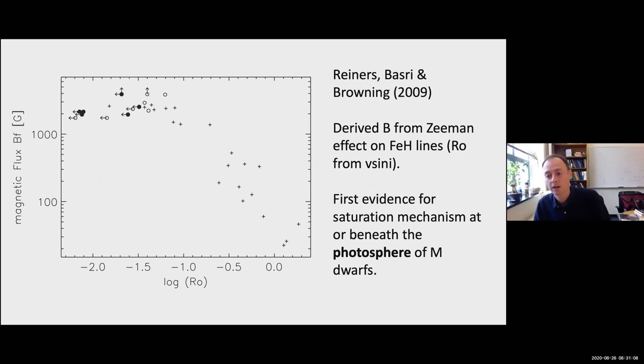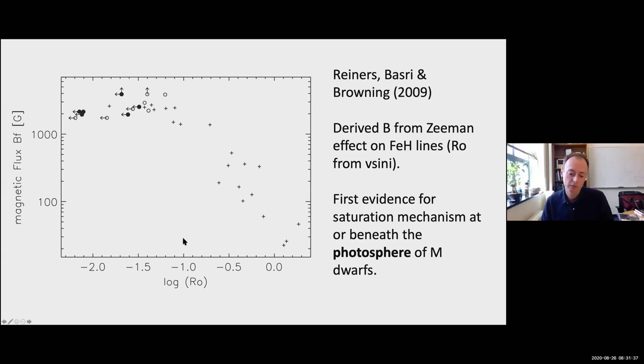And in 2009, there was a nice paper by Reiners, Basri, and Browning. Matt Browning, of course, participated in Exostar, so we had a number of nice discussions a year ago. They derived the magnetic field in the photosphere of the spots using the Zeeman effect of iron hydride lines for a number of M-dwarfs, and they also see the saturation effect in the magnetic field versus Rossby number.